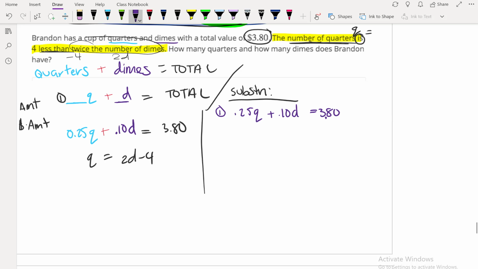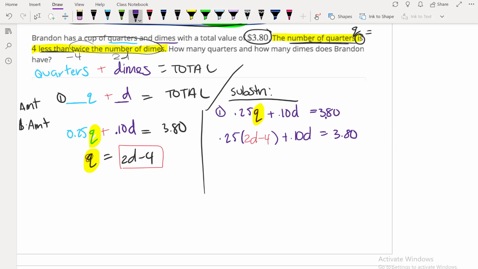Now, since I have this Q value, that is what I'm going to be plugging into. So I have that 0.25, and that Q value that I'm plugging in is all of this. So that would be the 2D minus 4 plus the 0.10D is equal to my $3.80.